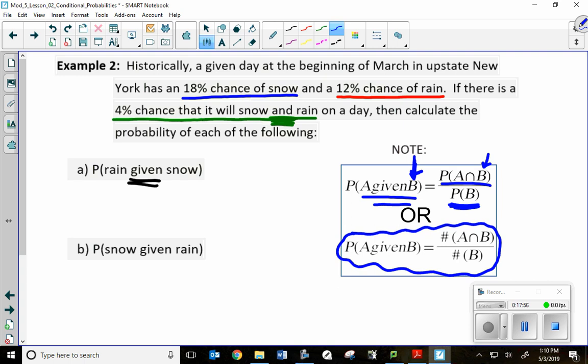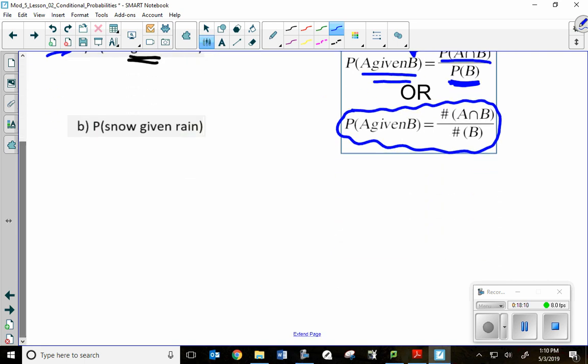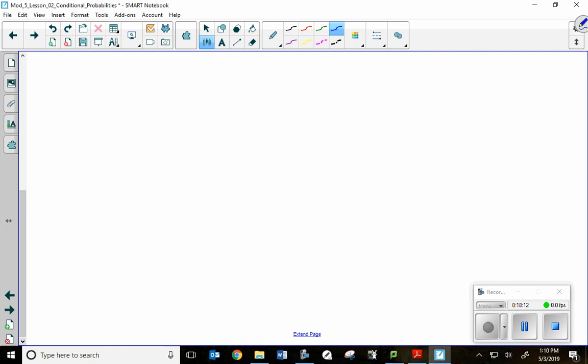So let's apply that to what they're telling us to do for part A here. The probability of rain, I'm going to use an R, given that it snows, all right? A little side note here: this means "and." I know that because I can make a capital A here. This means "or." And is both, or means one, or maybe two. You only need one or the other.